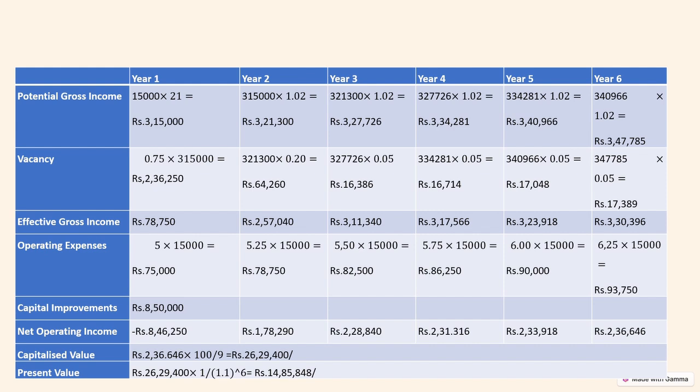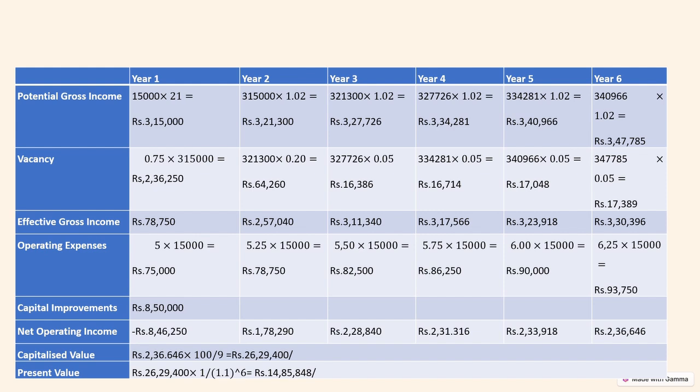So effective gross income during this period will be 78,750, and operating expenses are 5 rupees per square feet with 15,000 square feet as the area. So total operating cost is 75,000, and capital for improvement will be 8 lakh 50,000.